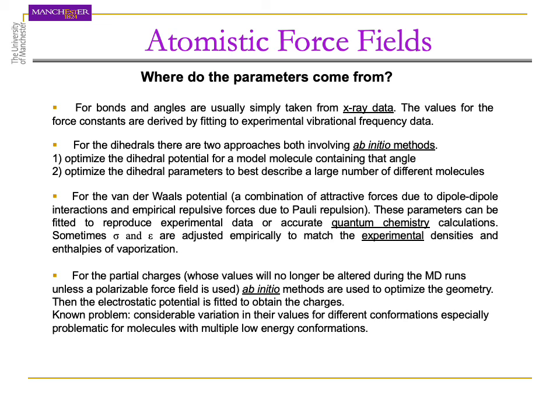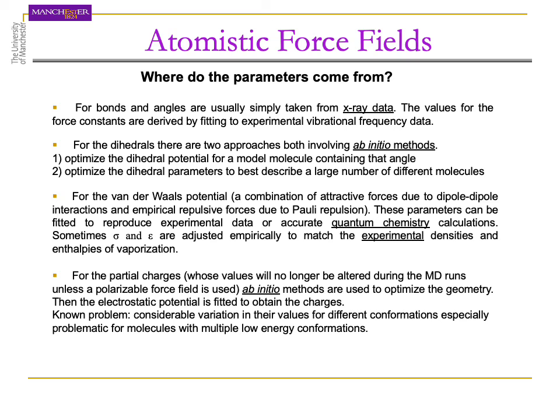Or the second method is, if that dihedral angle involving four atoms appears in different similar molecules, for example, let's think about amino acids, we optimize the dihedral parameters to best describe a large number of different molecules.